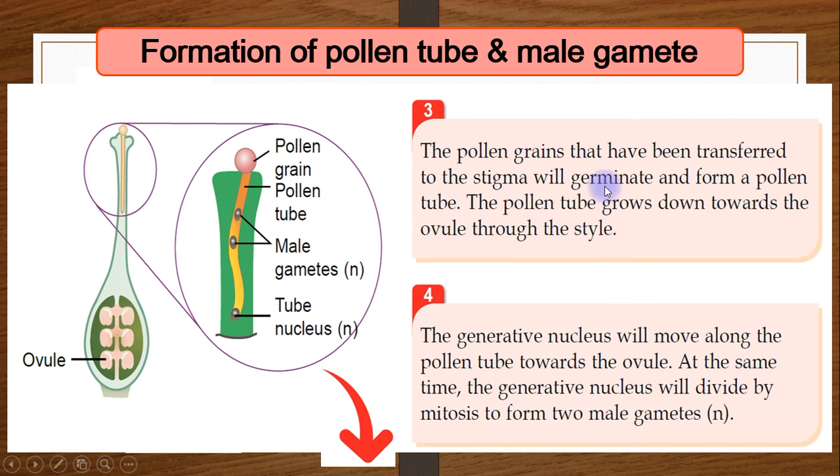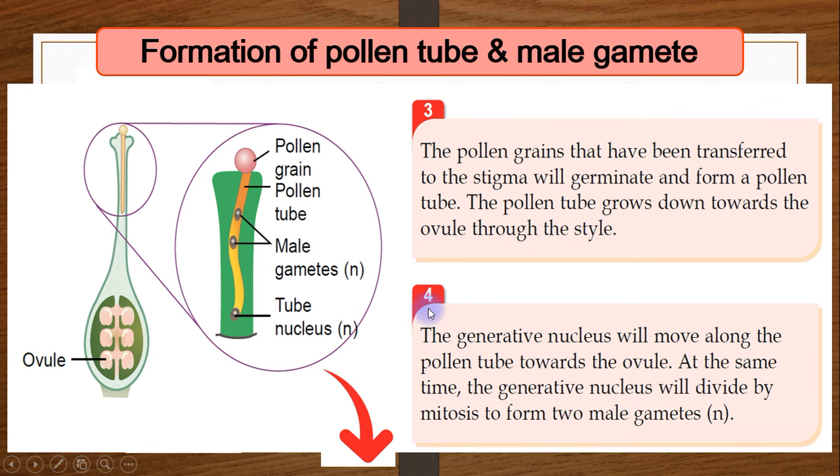It will develop a pollen tube, a tube that enters into the style. The pollen tube grows down towards the ovule through the style.